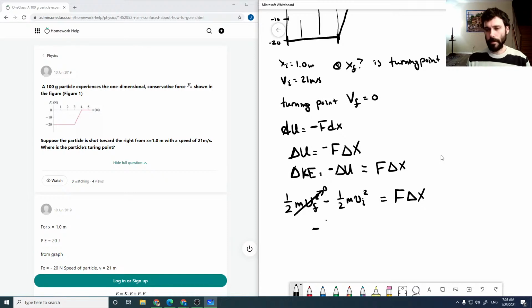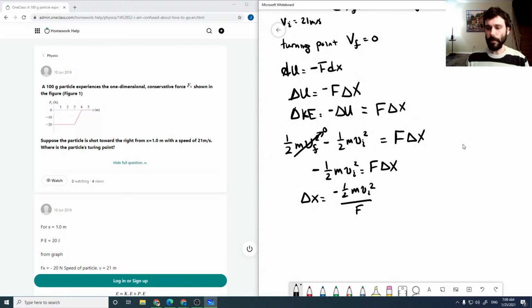So then minus 1/2 m vi squared is equal to F delta x, or delta x is minus 1/2 m vi squared over F. So again, as long as we don't surpass 3 meters, our F is minus 20 newtons from the plot.